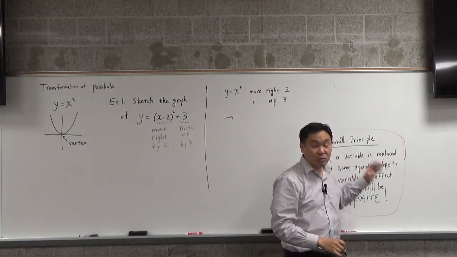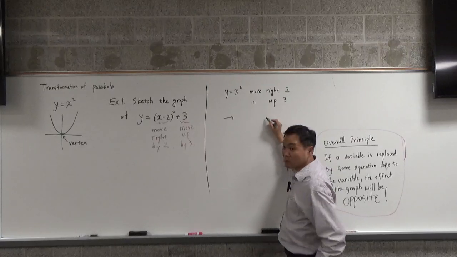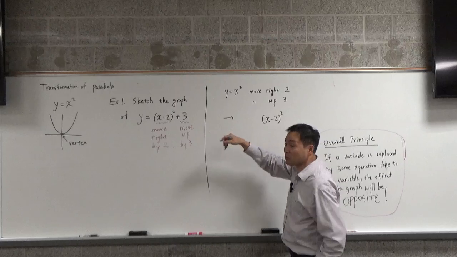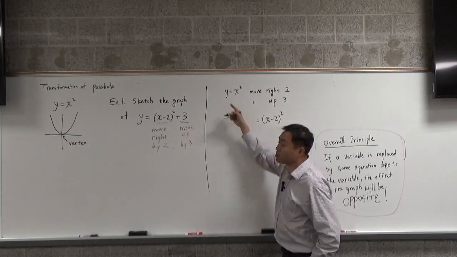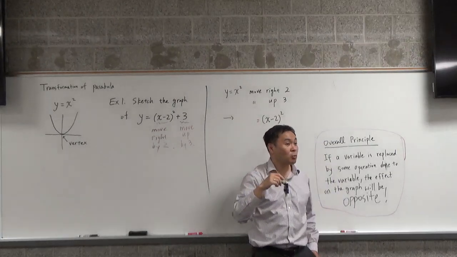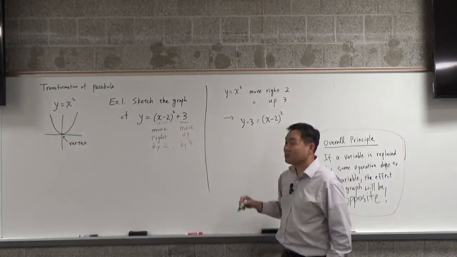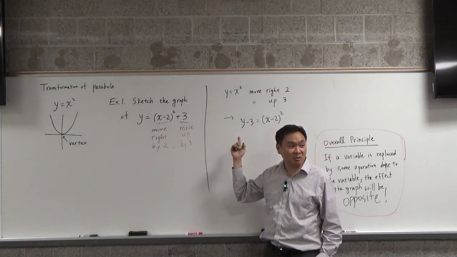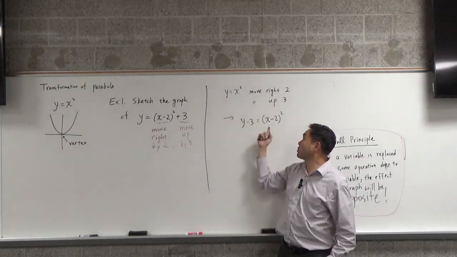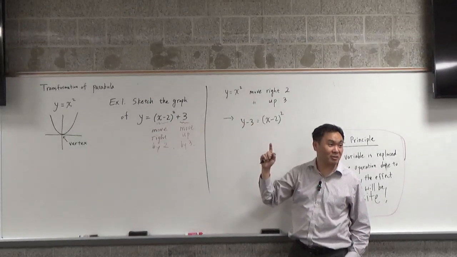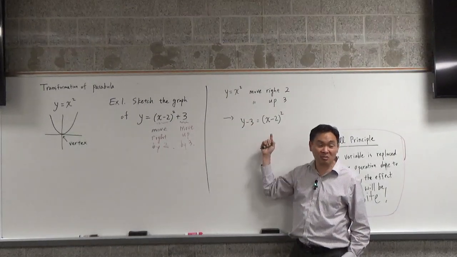Well, if we take this principle, x has to be replaced by what? X minus 2 squared. That's same as before, right? But then y has to be replaced by what? Y minus 3. That's what must happen, right?